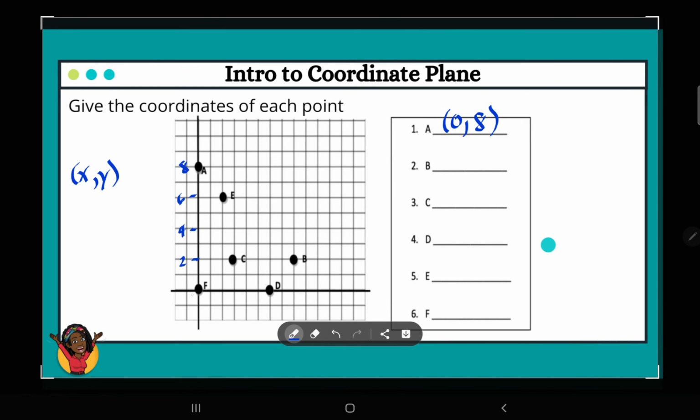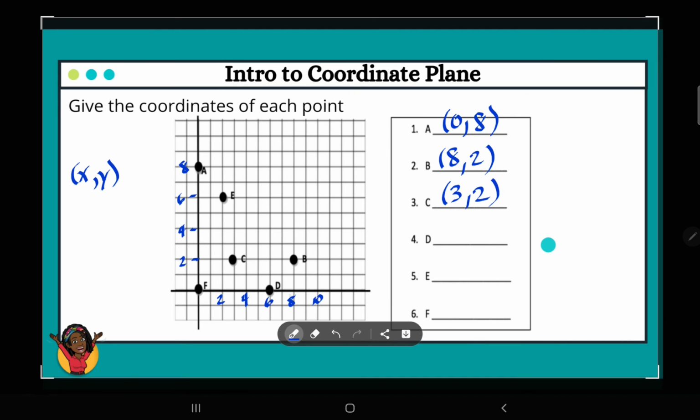Now let's take a look at B. We're going to do the same thing here. So this would be 2, 4, 6, 8, 10. So B is located with the x value of 8 and the y value of 2. C is located at 3 because it's in between the 2 and the 4, and the y value of 2.